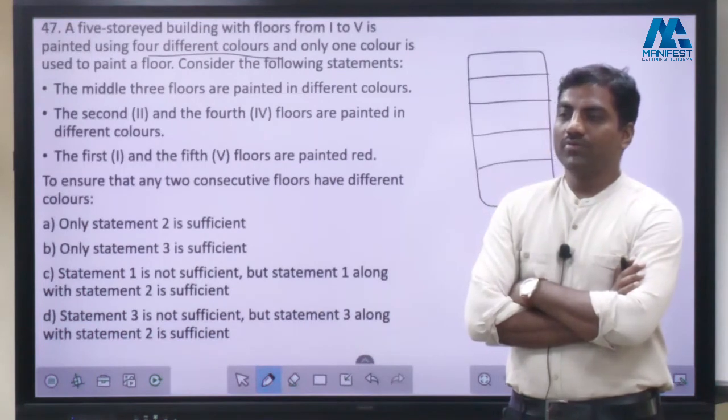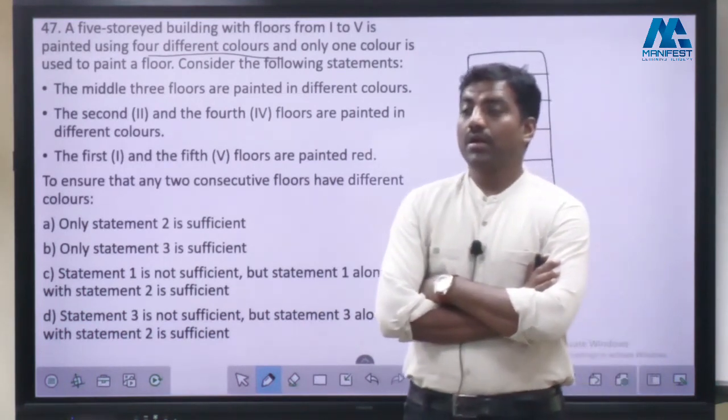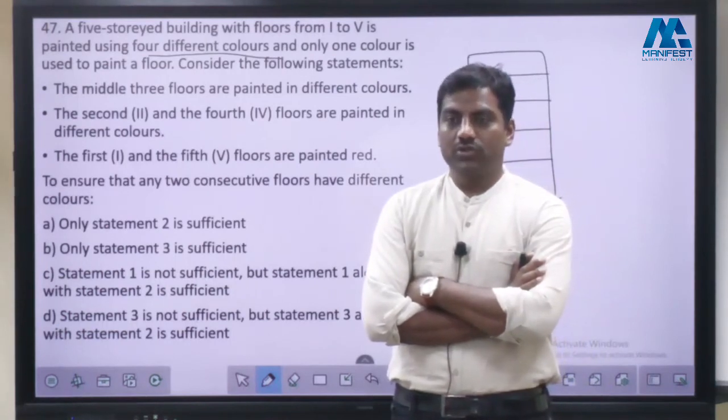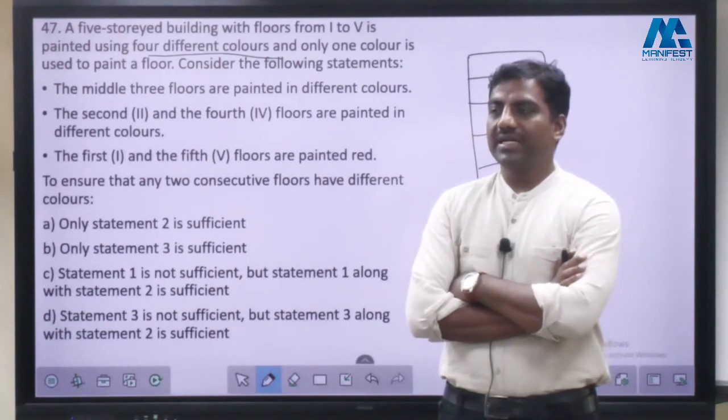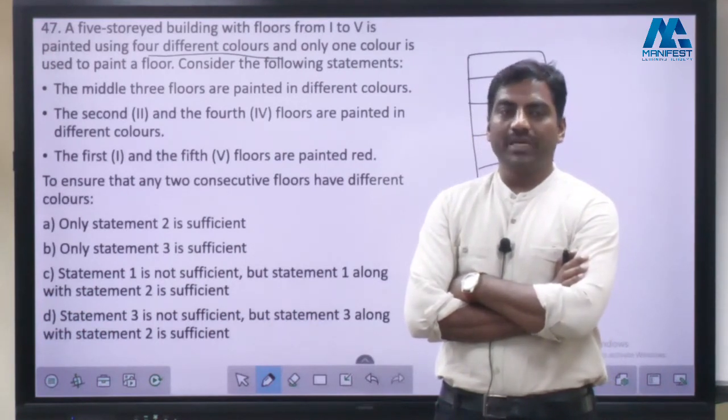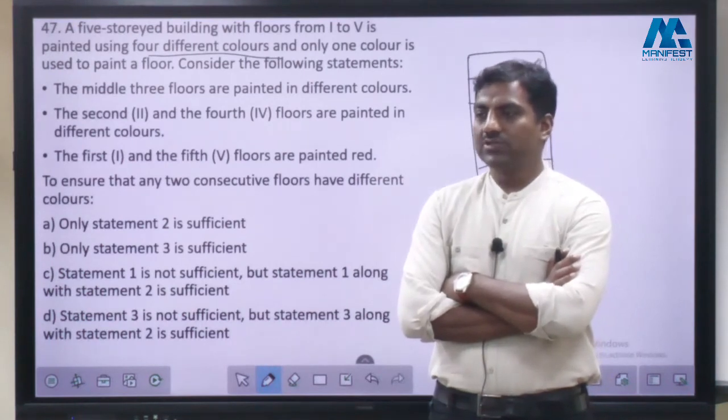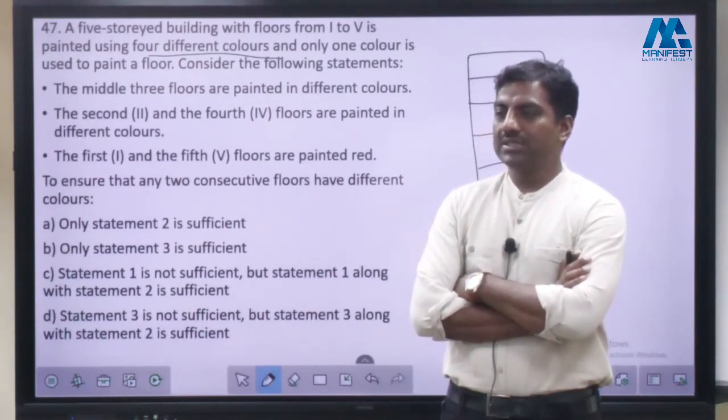Okay, I'll start with the least option, 1. Can you paint the whole building of 5 floors with the condition that no 2 consecutive floors should be colored with the same color? With 1, it is not possible. What about 2 colors?